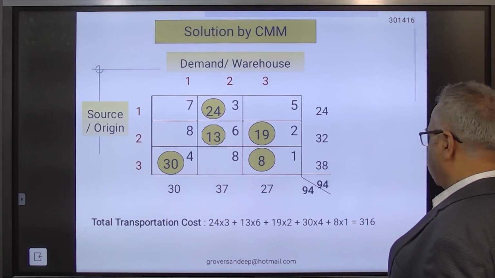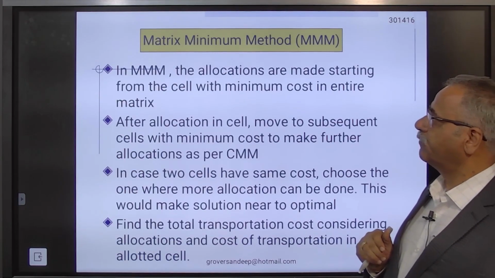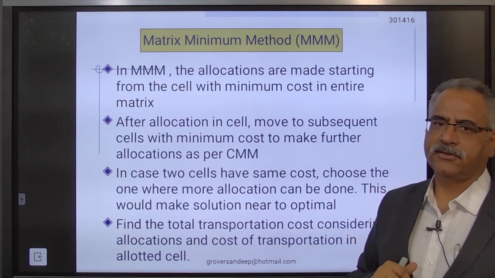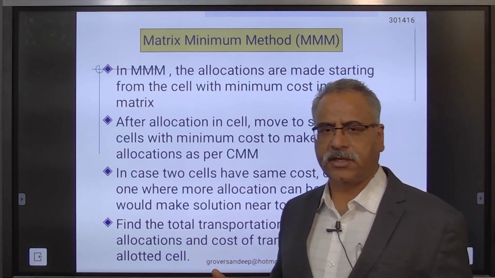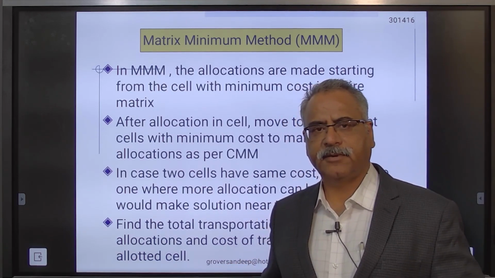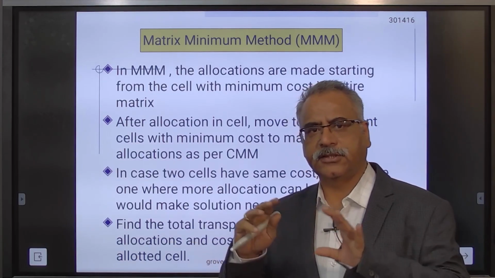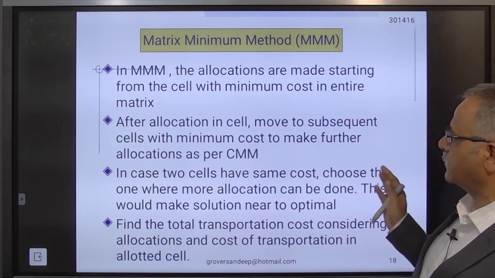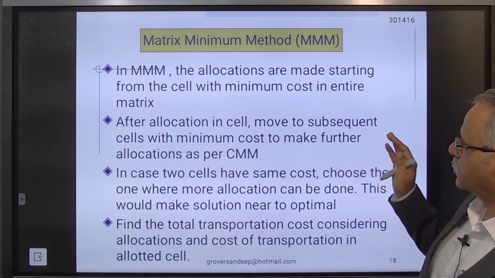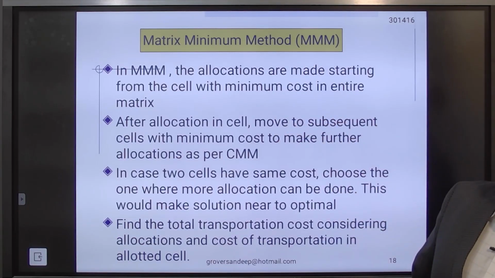Okay. So, now let us move to the next method, that is the matrix minimum method. So, this is like a combination of both the row minimum and the column minimum, and the purpose here is that you find out the minimum cost in the total matrix, out of these cells, and then you start with the cell where the minimum cost is there in the entire matrix.